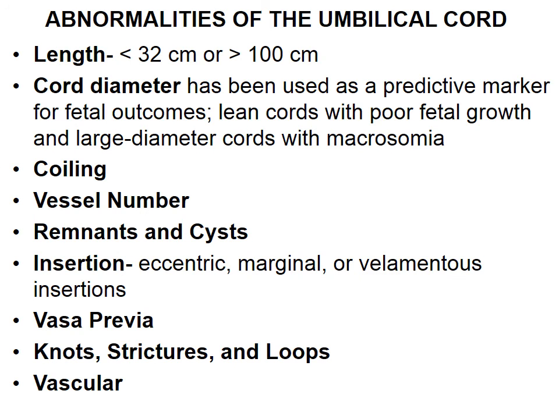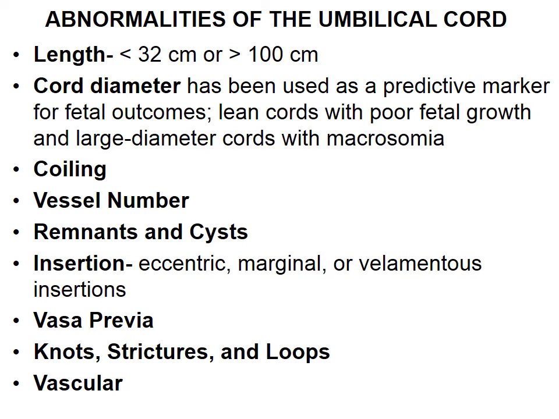And now we discuss abnormalities of the umbilical cord. The umbilical cord provides communication between the placenta and the fetus and allows gas and nutrient exchange. The normal diameter of the umbilical cord is less than 2 cm.